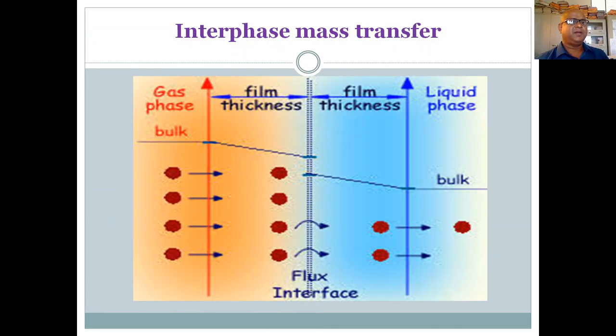Now what is happening here in interphase mass transfer? Let's take the example of absorption of carbon dioxide from the mixture of nitrogen, hydrogen, carbon dioxide through ethanolamine.